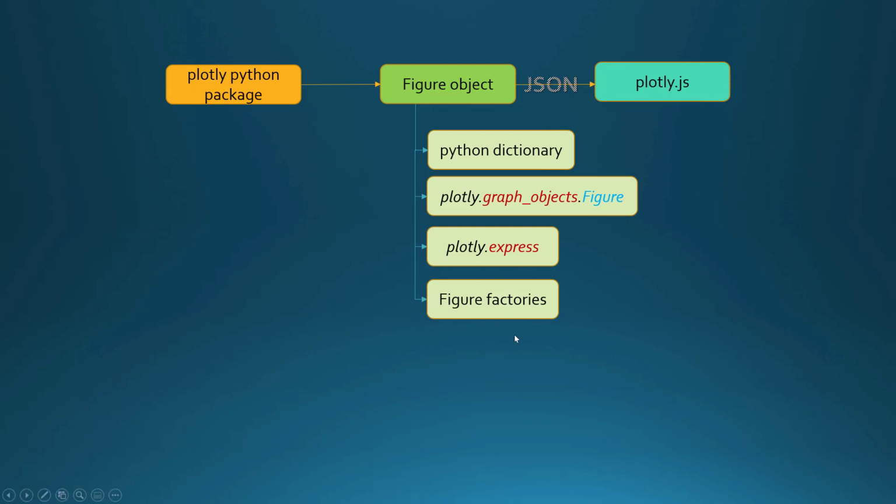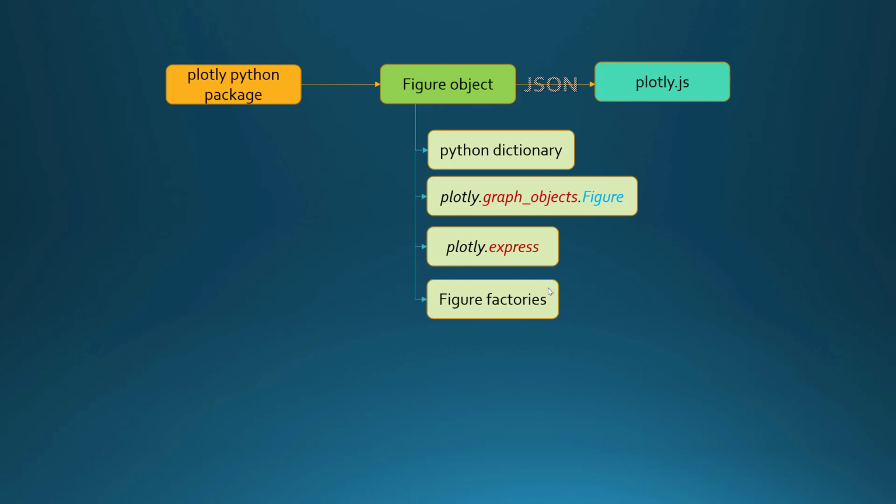There is specific documentation as well, which we will discuss. Most of the figure factories graphs are now moving to plotly express. So maybe in the near future this one will be obsolete, but for now there are certain graphs which we still need to use figure factories to create. That's why I have kept this one here. Maybe in the near future it will be deprecated as well.